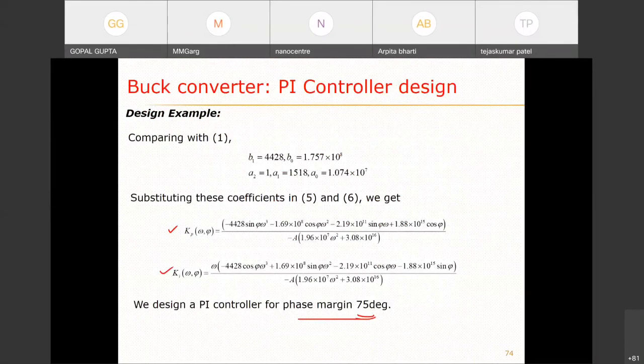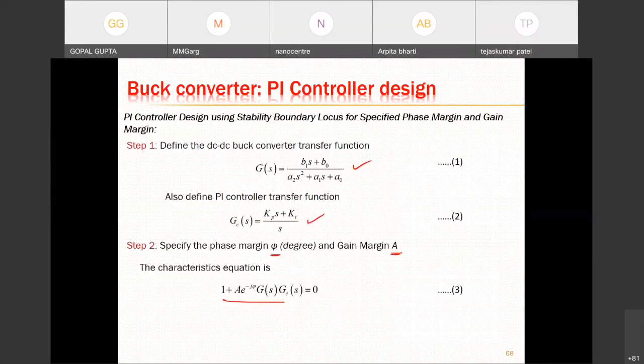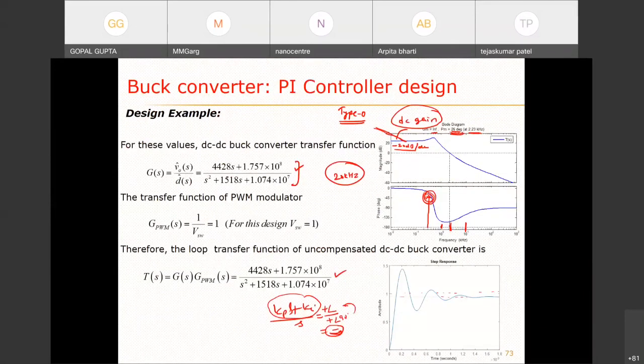Then we change the reference voltage as well. When we change the reference voltage from 12 to 15, we see that the output voltage is regulated here again, right?